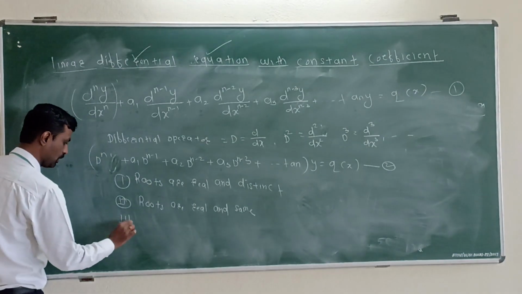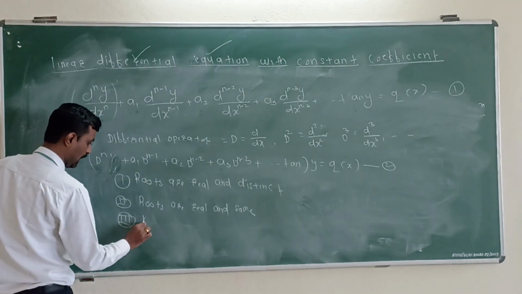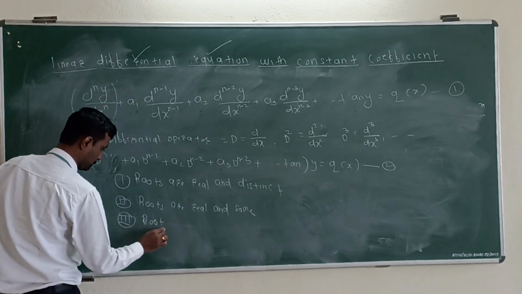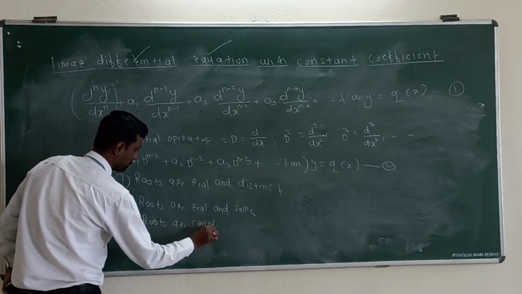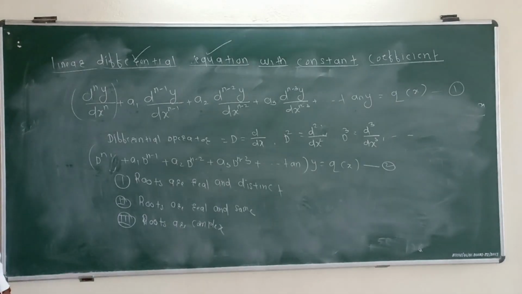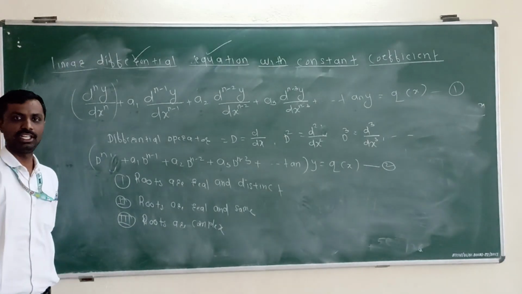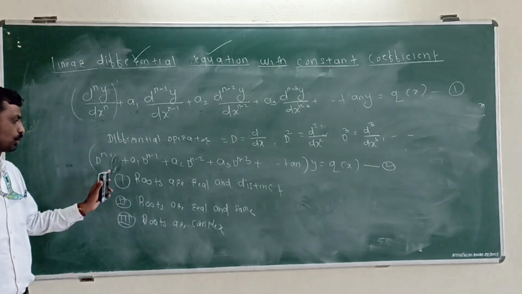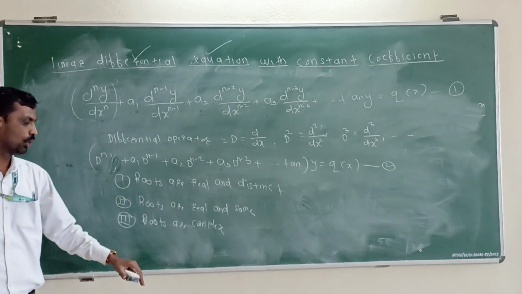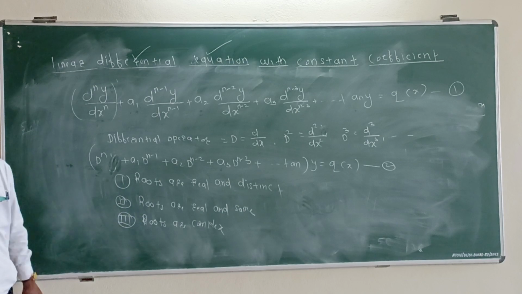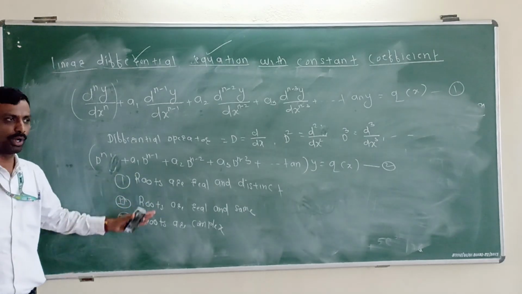And third, roots are complex. So depending upon the differential equation, there are 3 types: roots are real and distinct, roots are real and same, roots are complex numbers. After that we will see them one by one.